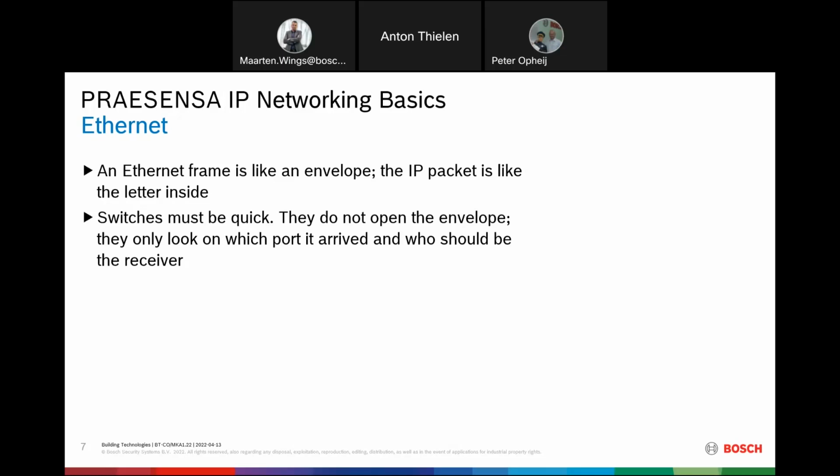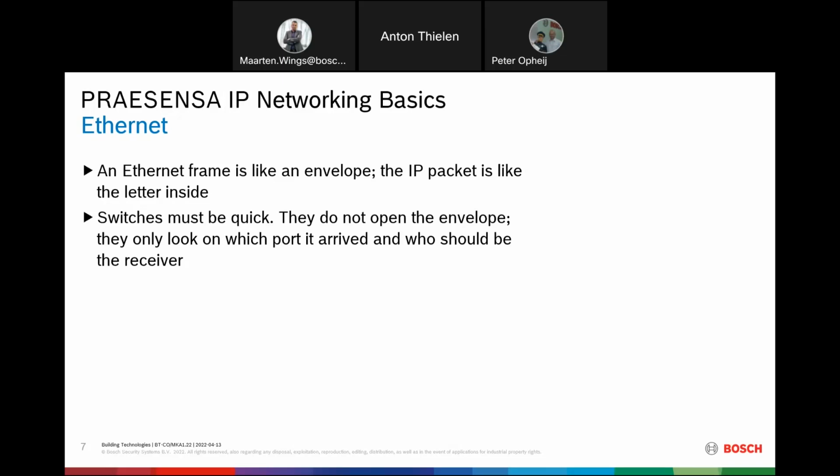It has a table inside to understand where a frame came from and where it needs to go. So if something comes back, it immediately knows where that came from. They have their own administration, their MAC address table, and with that they know, the next time I receive this frame, the last time it came from this port, so now I need to directly forward it to this port.